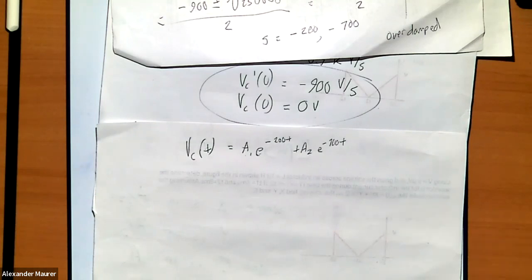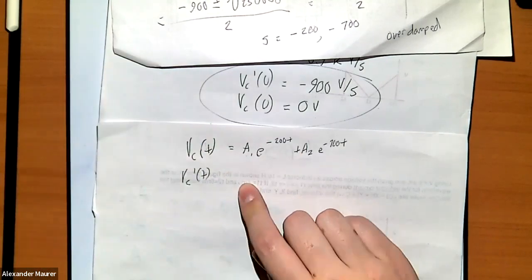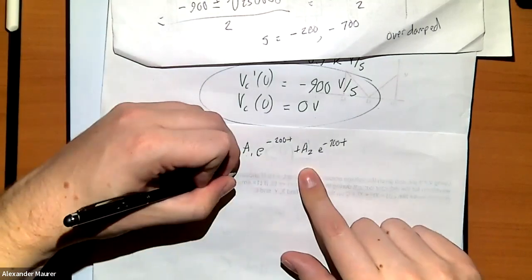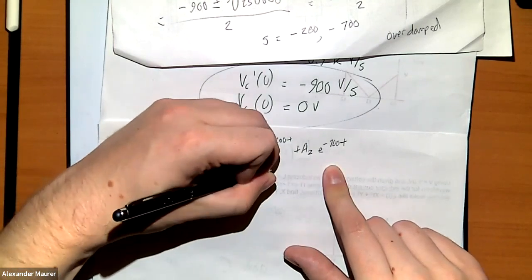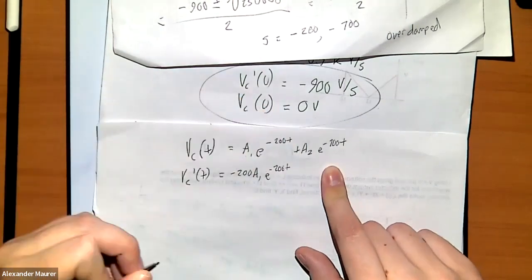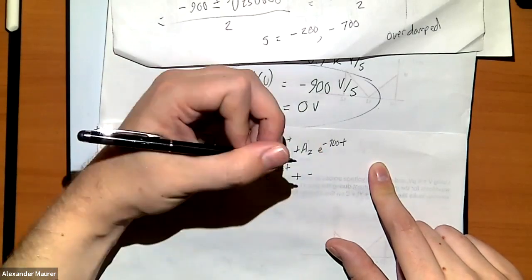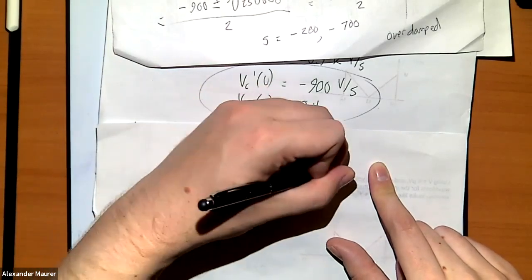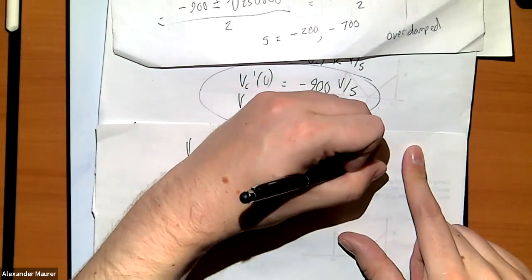And thus, VC prime of t has the form negative 200 A1 e to the minus 200 t plus negative 700 A2 e to the minus 700 t.